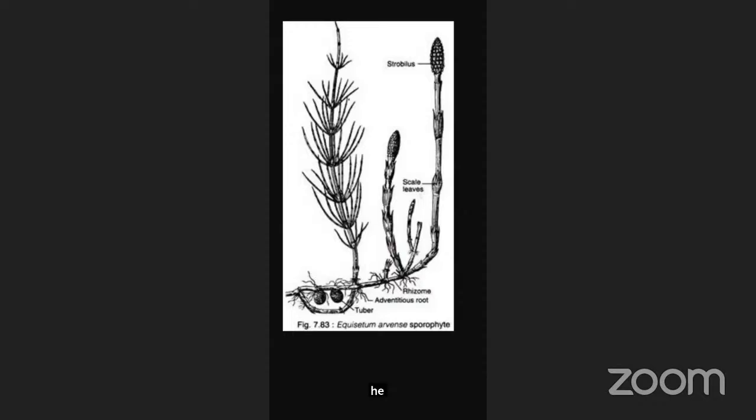The plant body of Equisetum is a sporophytic plant body, just like Lycopodium.